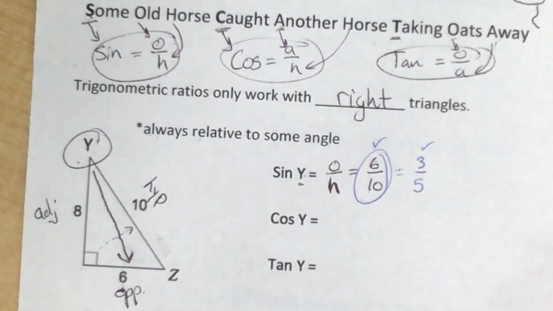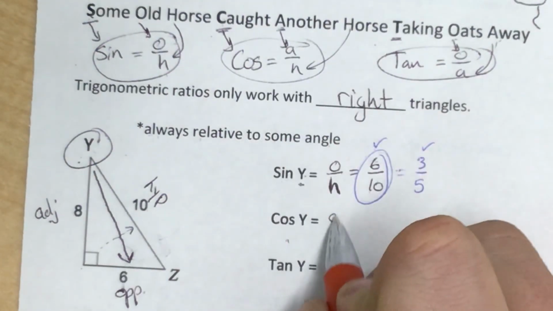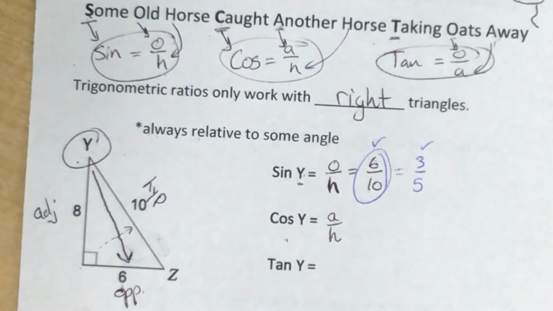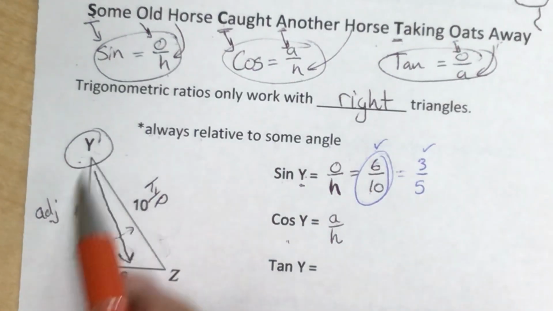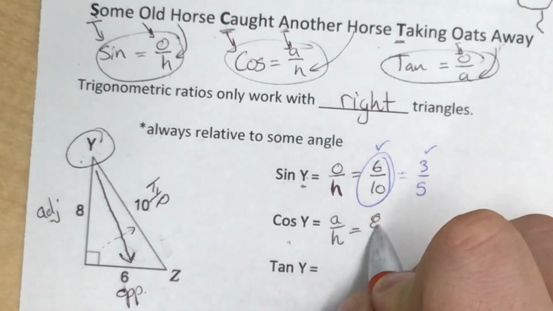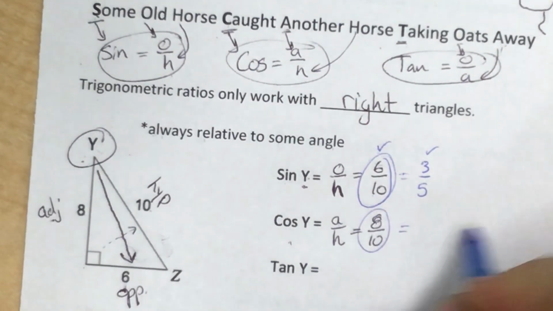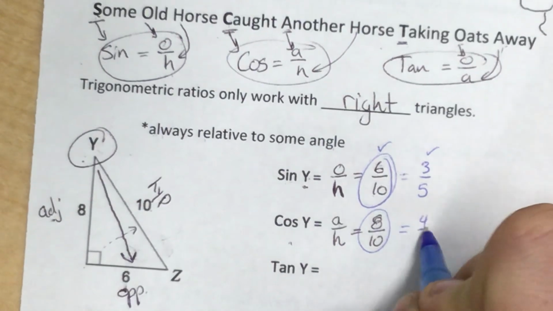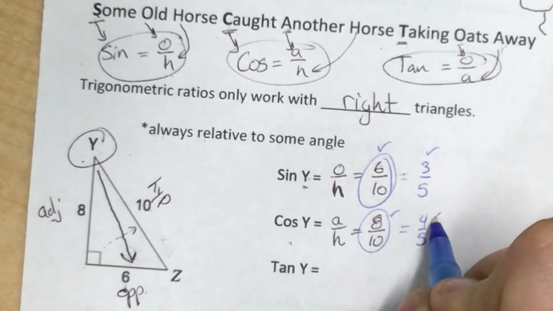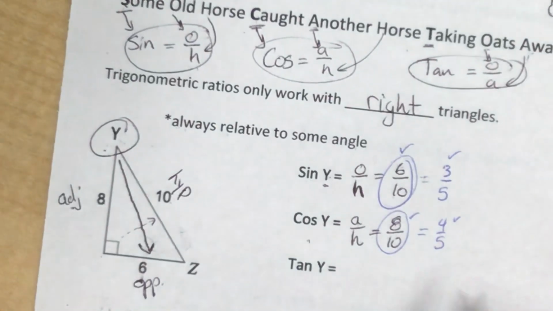Now I'm going to jump to cosine. Cosine is "caught another horse," so the adjacent over the hypotenuse, so A over H. The adjacent of y is 8, the hypotenuse is 10, so this is equal to 8/10. And again, this fraction can reduce down to 4/5. So these are equivalent to the cosine of y. The last one, tangent.